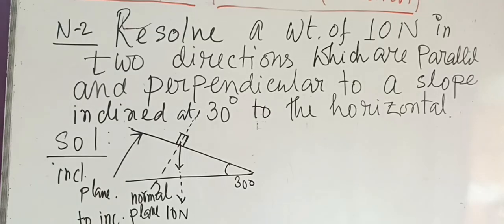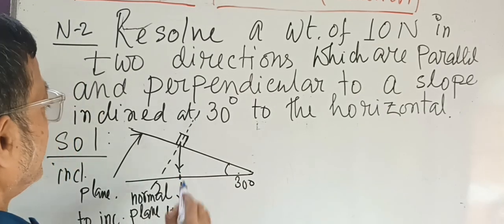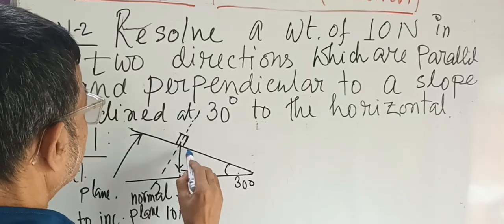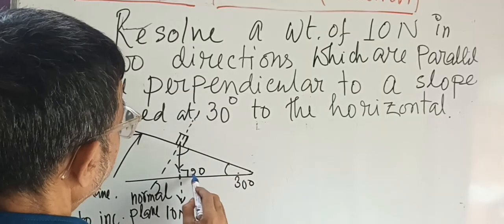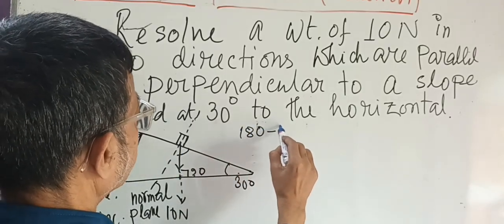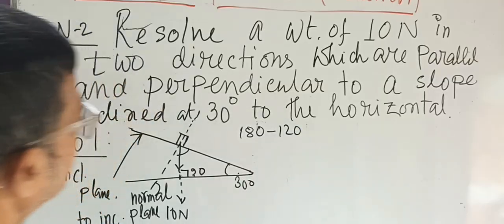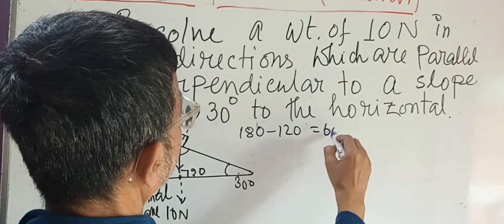Now if this is 30, this is 90, so this will be 90 plus 30, 120, total is 180, so 180 minus 120, 60.